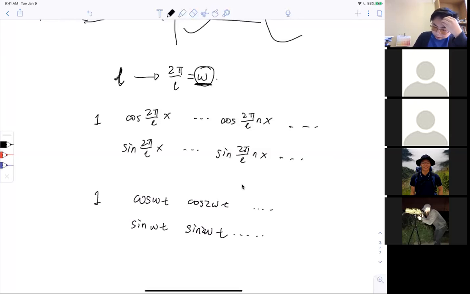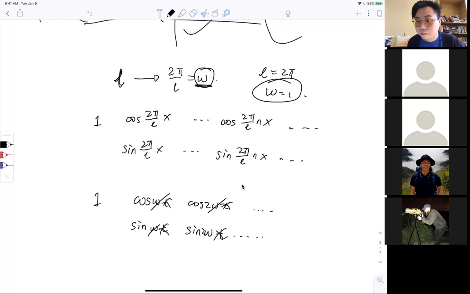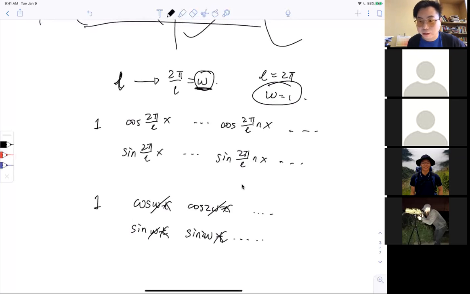If L equals 2 pi, it's just a special case: omega becomes 1, so there's no omega, and it becomes cosine t and sine t, or x, doesn't matter. Thank you. I see.